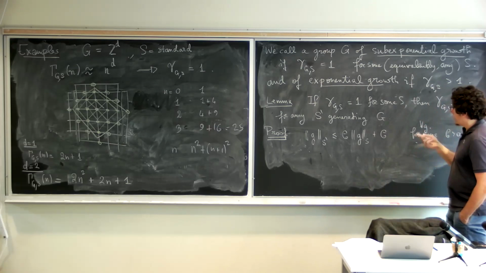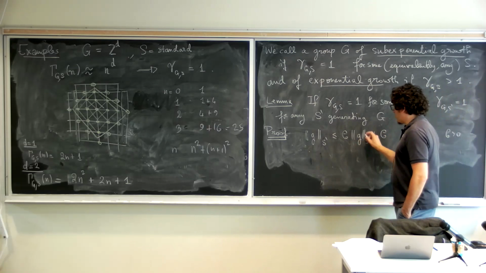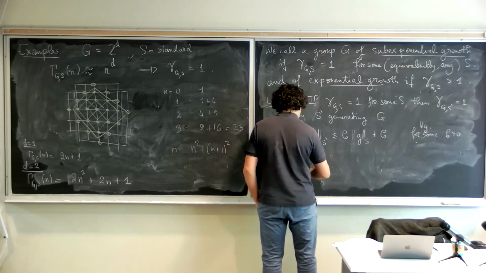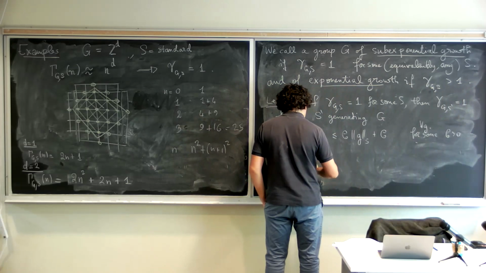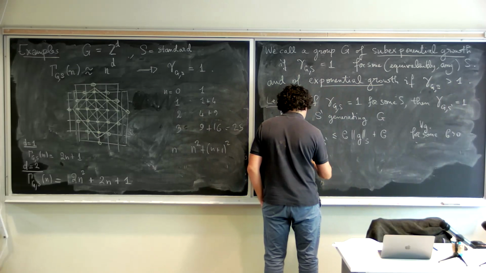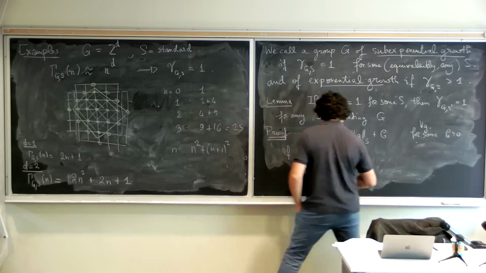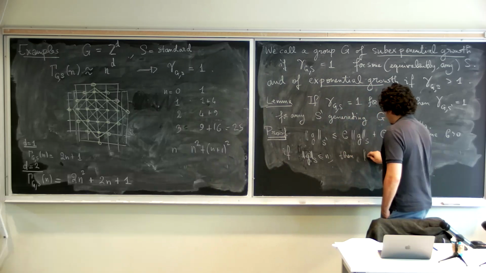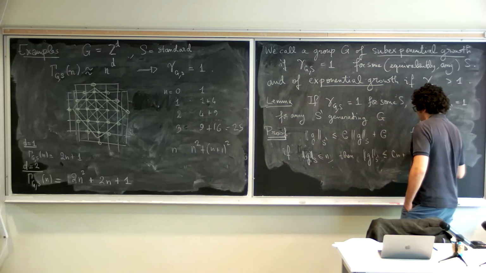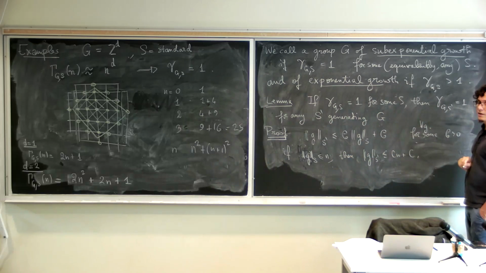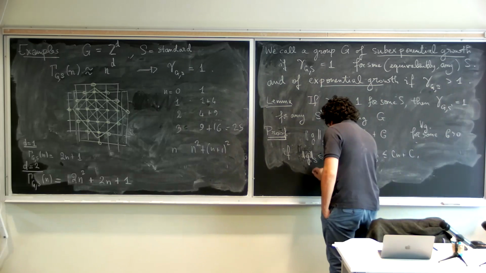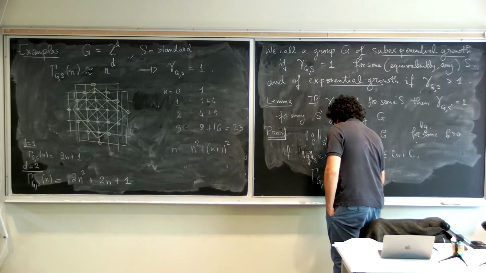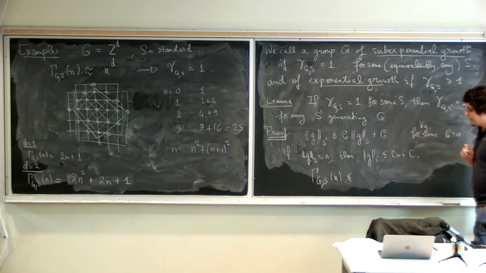And now, if the norm of G in S is less than n, then the norm of G in S prime is less than Cn plus C. So if we look at the growth rate, gamma of G, S of n is less than or equal to what?